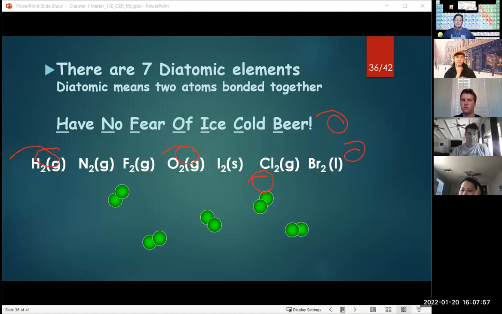Oh, okay. Remember those diatomic elements I was mentioning to you? Remember I said there's 7 of them? Well, here they are. Hydrogen, nitrogen, fluorine, oxygen, iodine, chlorine, and bromine.